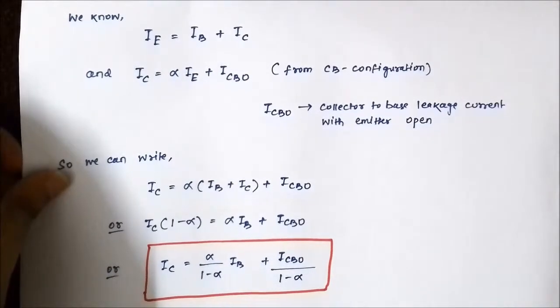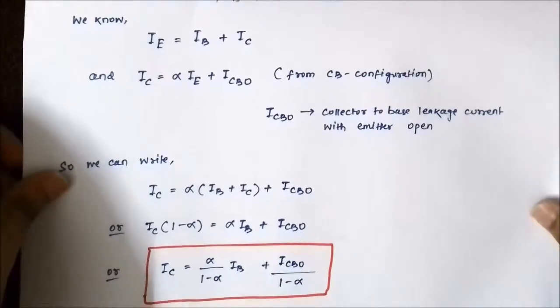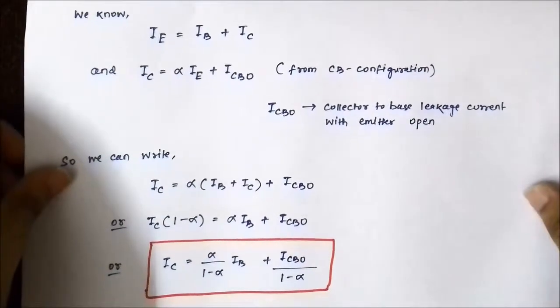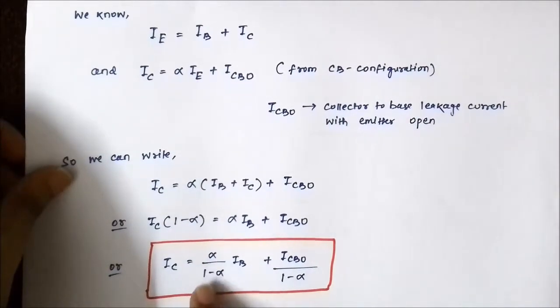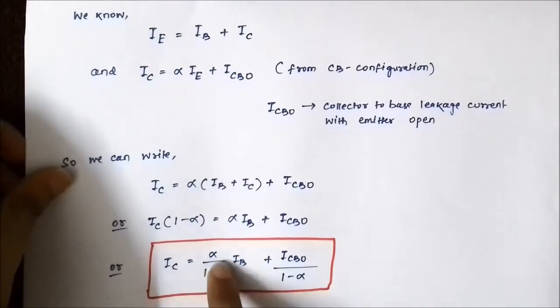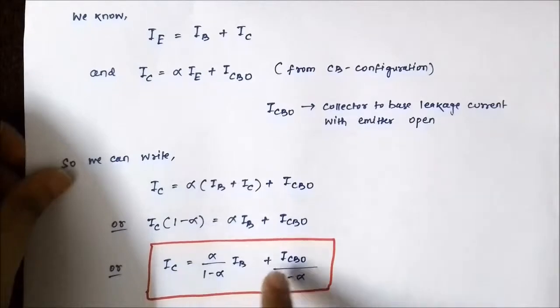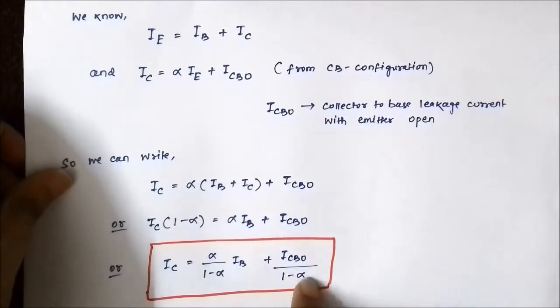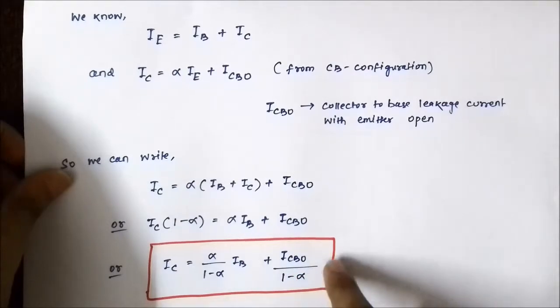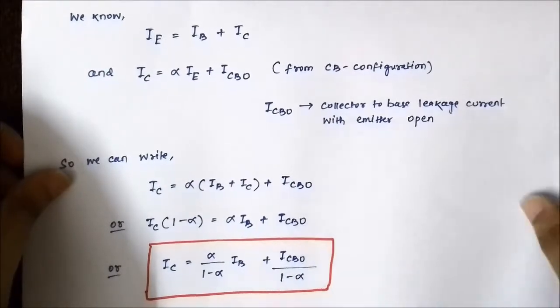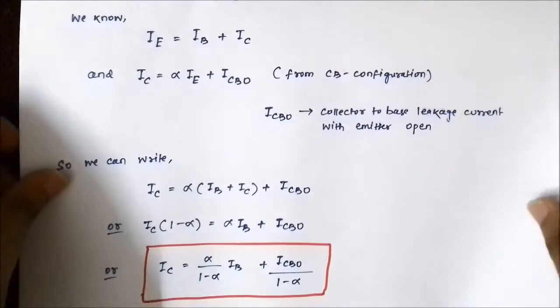Now if you remember, we derived the relationship between beta and alpha just previously. Beta is equal to alpha by 1 minus alpha. So here IC is equal to beta IB plus ICBO by 1 minus alpha, which is the leakage current in common emitter configuration, called the collector to emitter leakage current when the base is open.